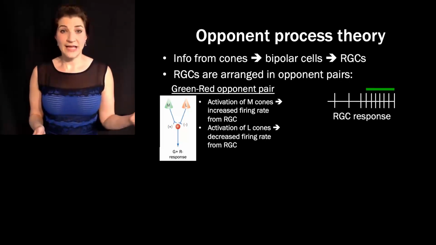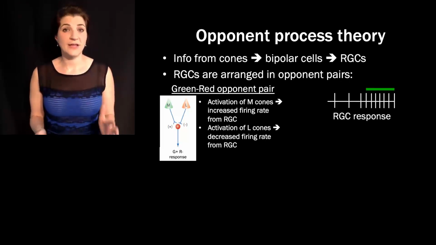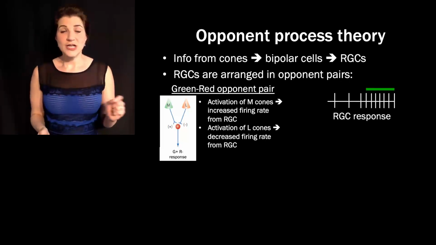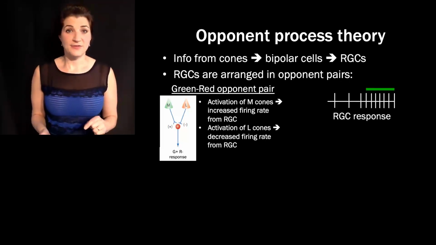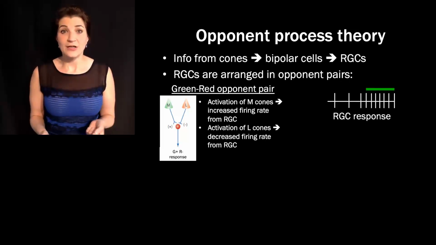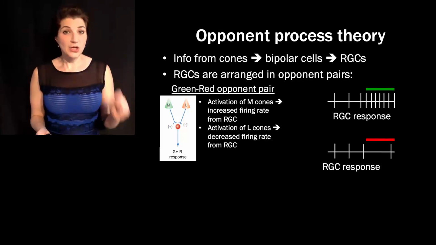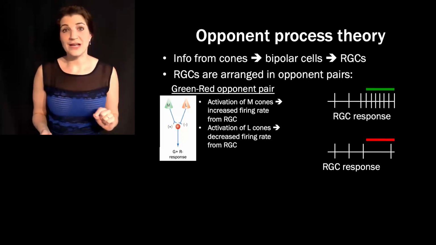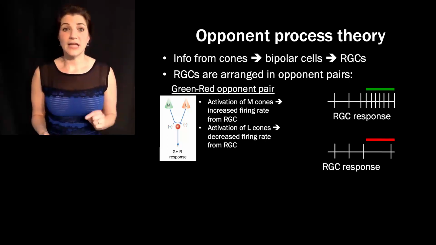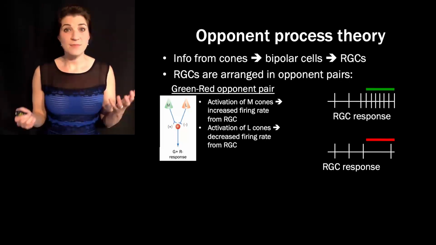So when this retinal ganglion cell is showing an increased firing rate, that indicates the presence of medium wavelength green light. In contrast, when there is a change in activity in the long wavelength sensitive cones, that has an inhibitory relationship with the retinal ganglion cell. So a firing rate that goes below baseline for this particular retinal ganglion cell signals the presence of long wavelength or red light. So we can code for red and green using the same neuron.